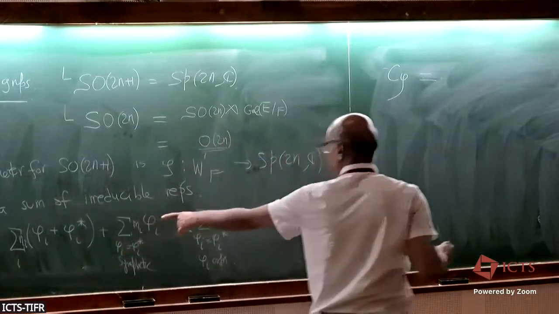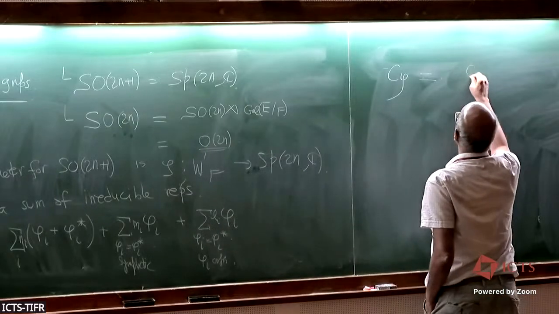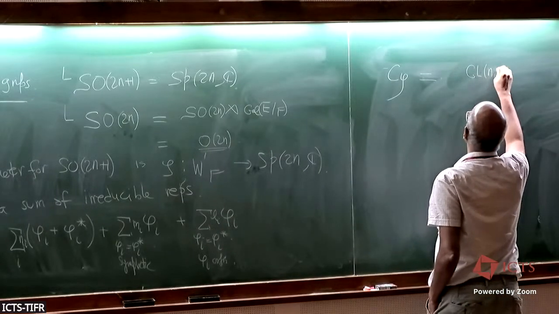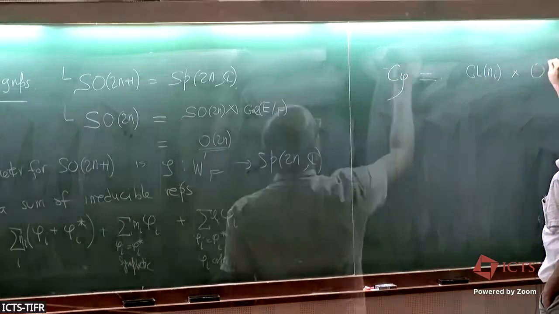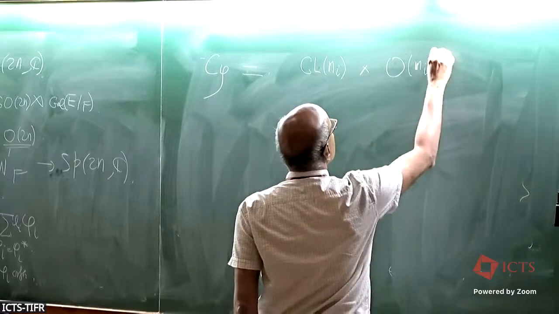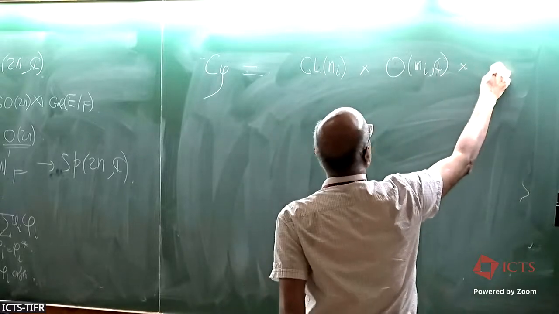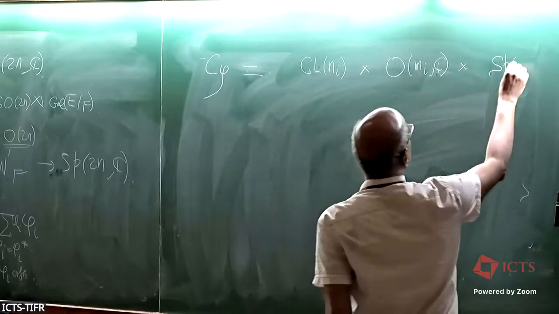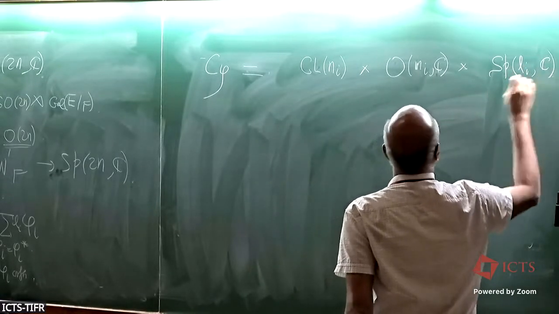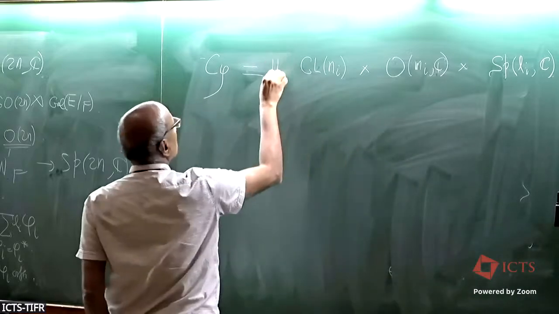So this will be GL_{N_i} corresponding to the first factor. Corresponding to the second factor, phi_i equals phi_i star and it is symplectic, it corresponds to O(M_i, C), and then there is this Sp(L_i), and then there is a product again.